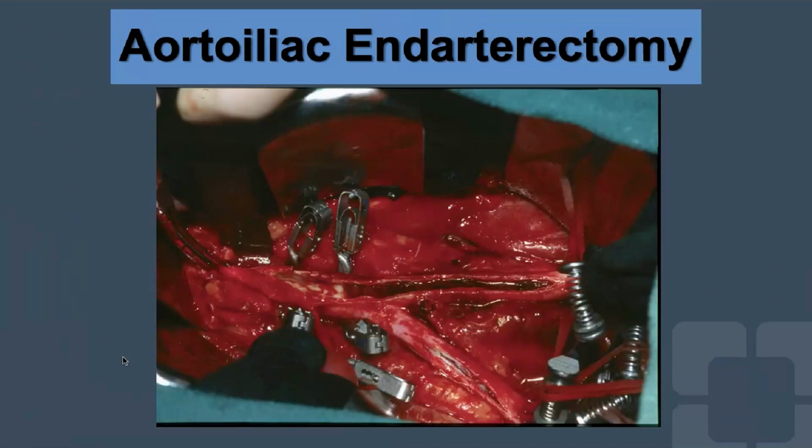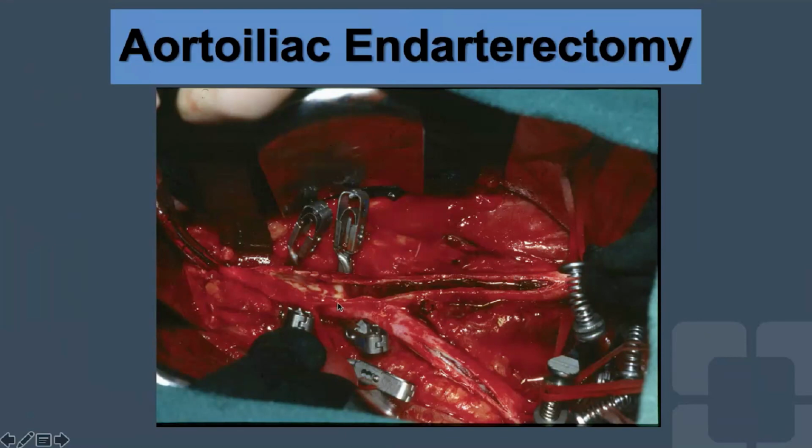Here's an image of a patient where this is the aorta. The head is here. The aorta splits into our iliac arteries, and you can see that the aorta has been clamped and opened up longitudinally.